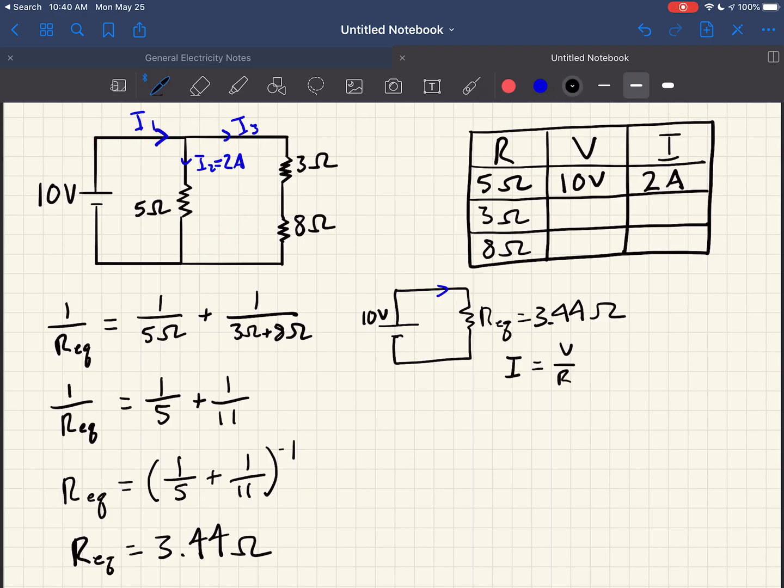So I would do 10 volts over 3.44 ohms, and that gets me 2.91 amps. So this I1 up here, that's 2.91 amps.